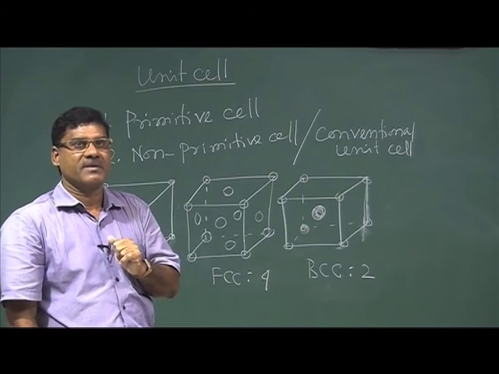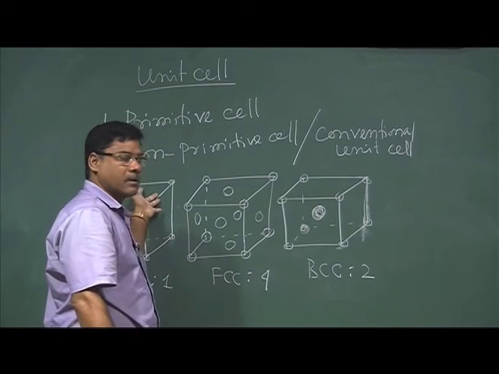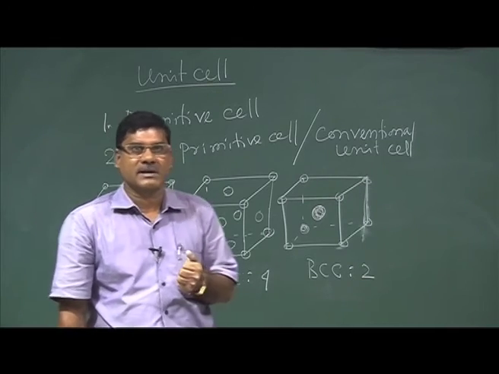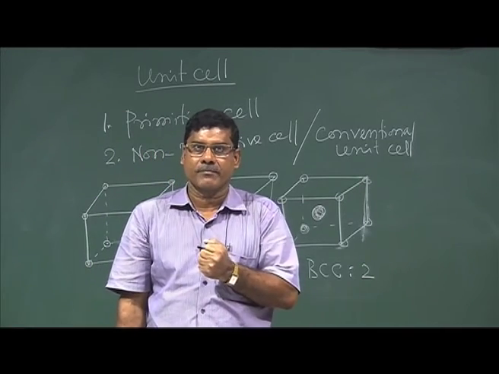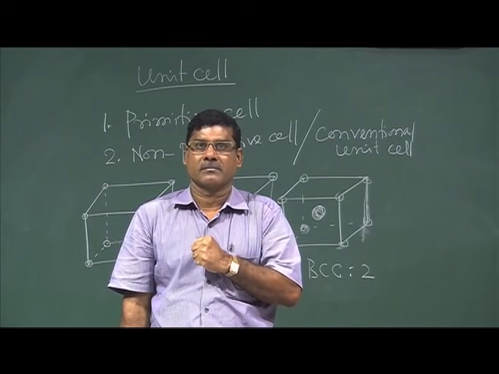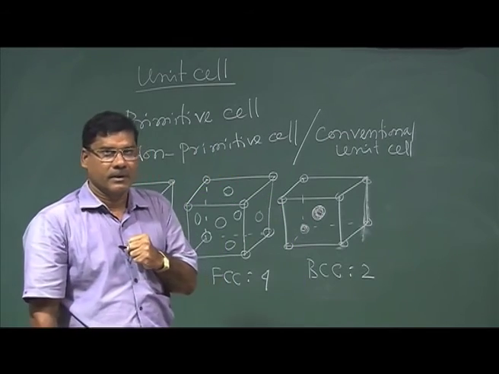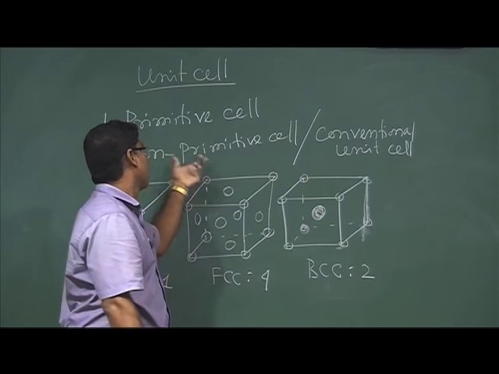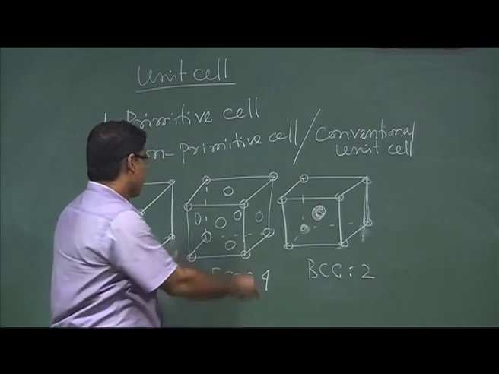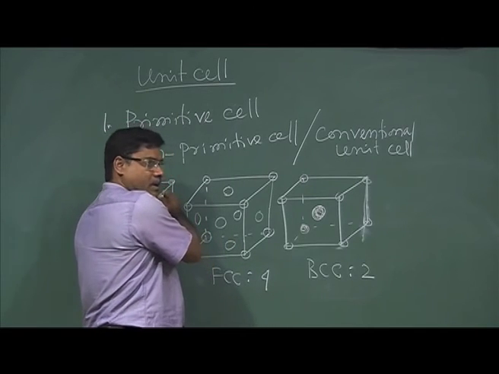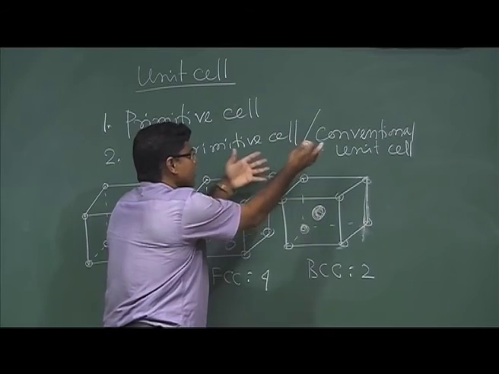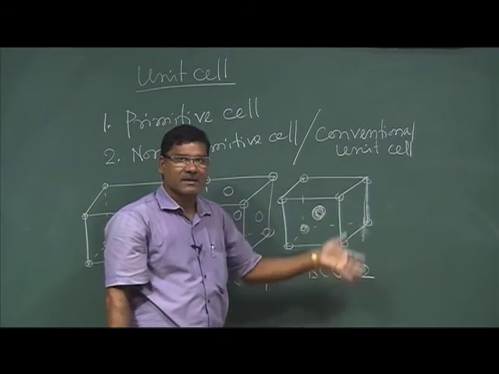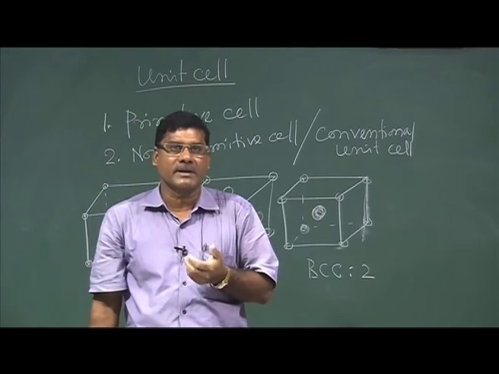If a unit cell contains more than 1 lattice point, then it is called a non-primitive unit cell. The non-primitive unit cell is called the conventional unit cell, and it is generally used very frequently.